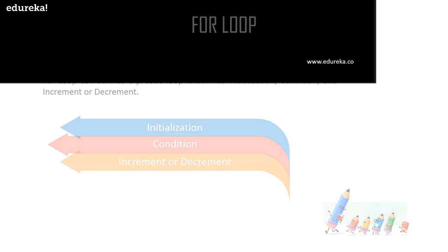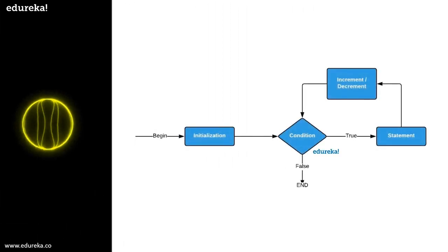Before we execute an example of for loop, let us see the flow diagram of the for loop. Here, we have the initialization step at the first, and later, the control flow will enter a conditional statement. If the conditional statement happens to be true, then a particular code segment or a particular set of statements are executed, and after that, the control flow enters into the increment or decrement variable.